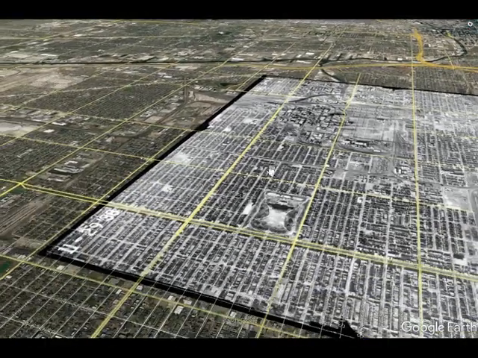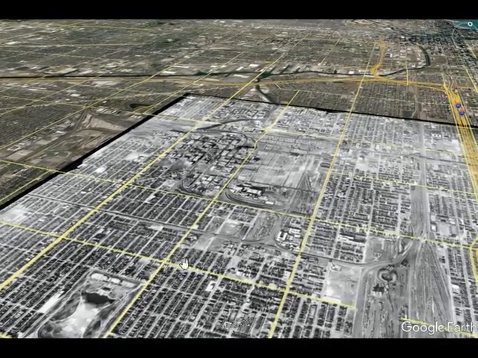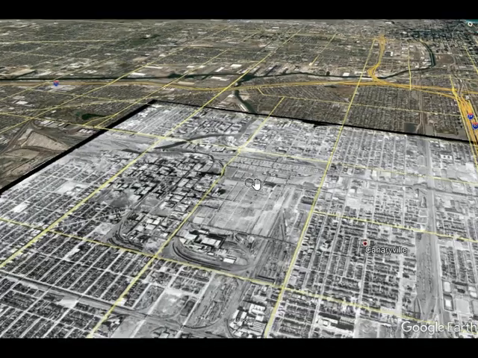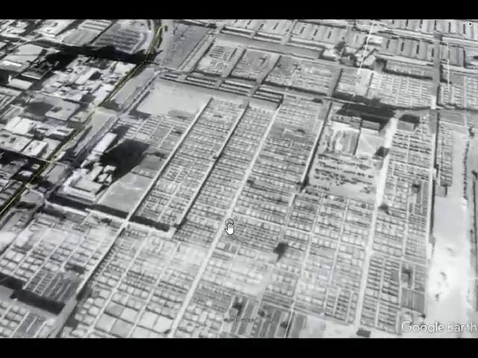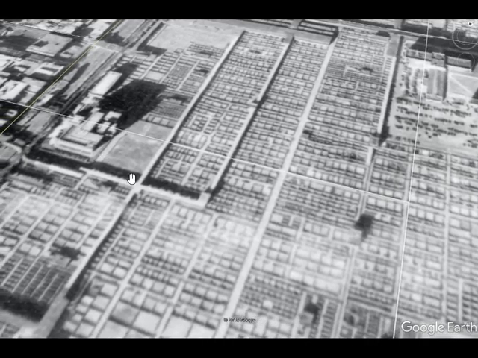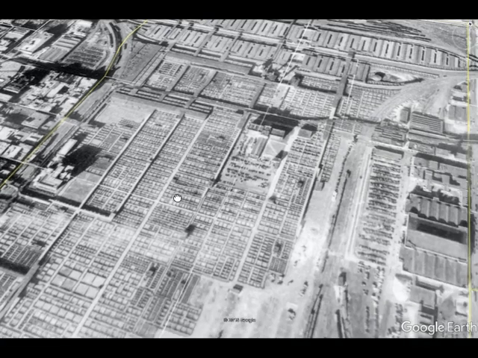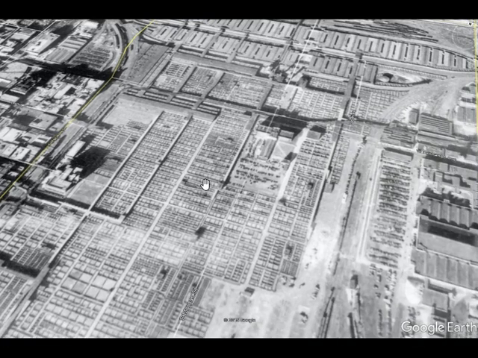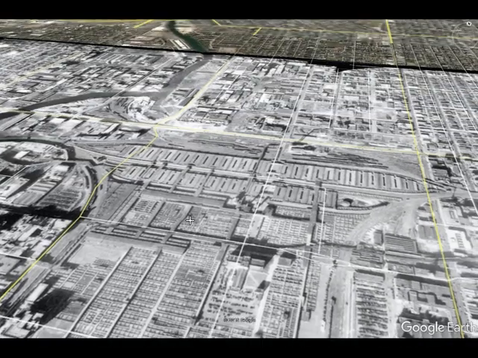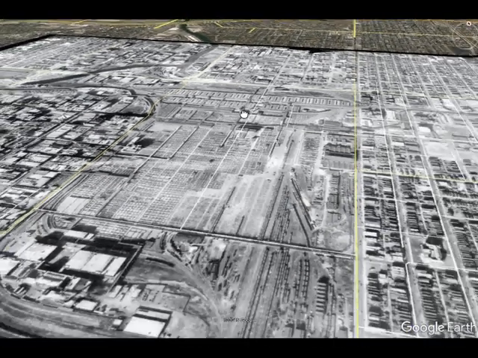You can see the date there on the corner of the photographic image. And here are the stockyards in great detail. These are all the pens of the animals. Here's where the animals were slaughtered and rendered, and the different conveyors that moved carcasses of animals all about. Not something particularly pleasant for some of us to think about, but this was a big part of the history of this city that we live in.